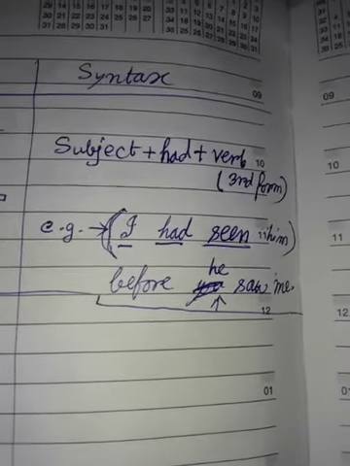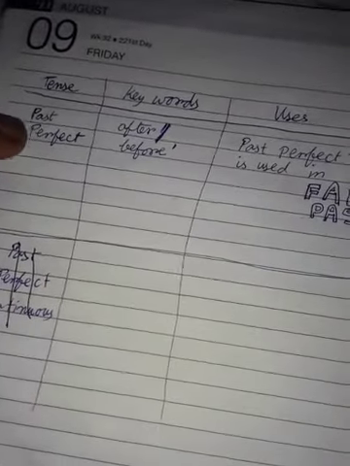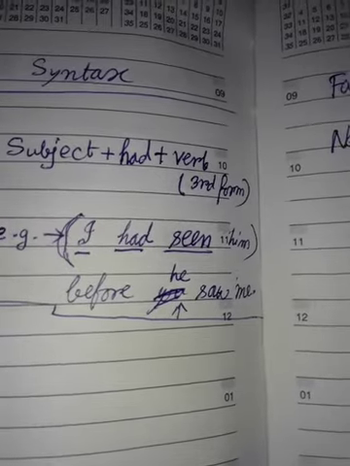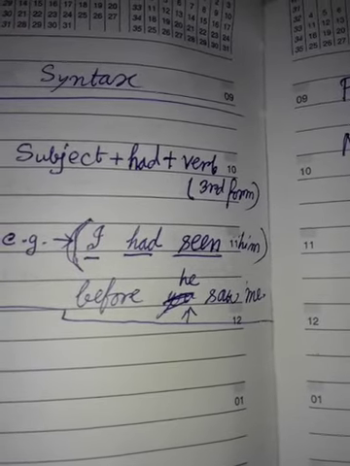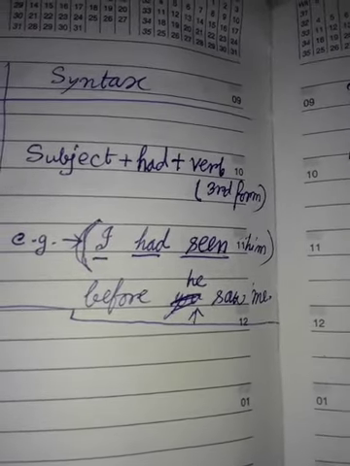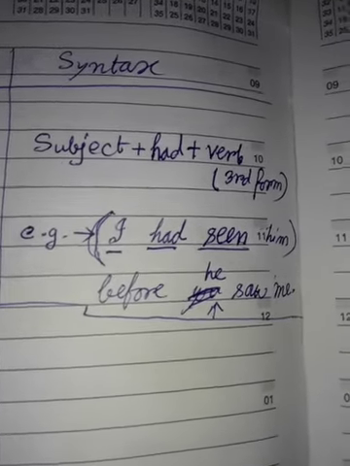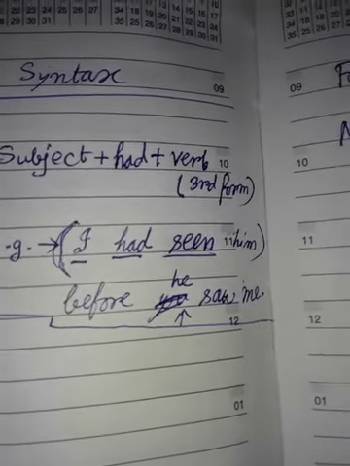Now first learn the syntax, the structure of past perfect tense. After the subject we write had, and then the third form of verb, that is past participle. Now from the example, the concept of far past and near past will become clear to you.